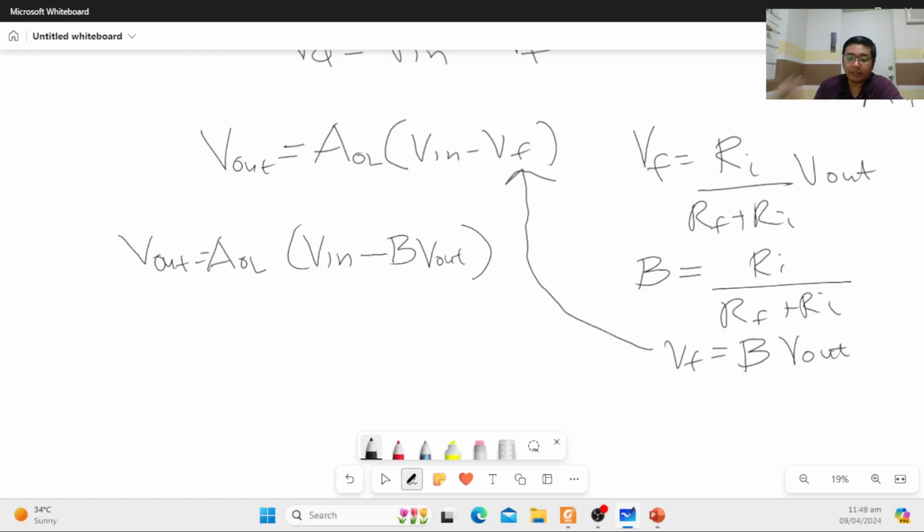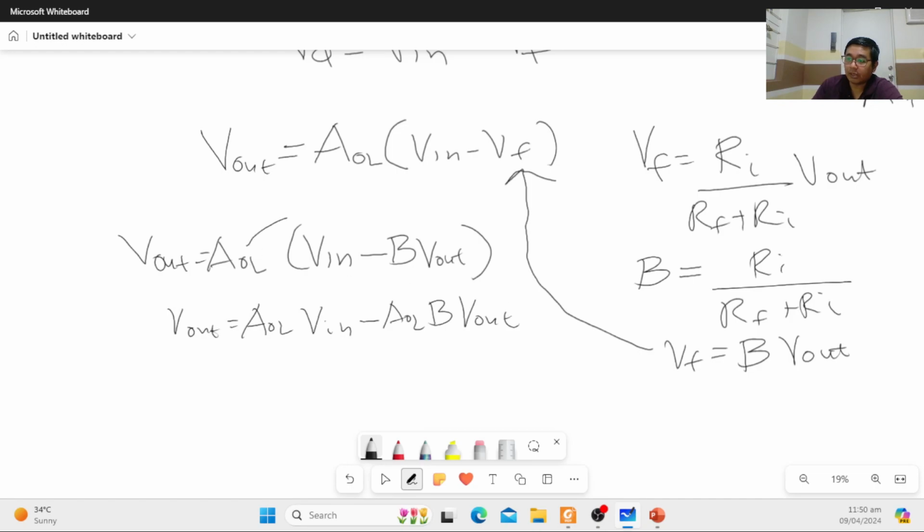So, ang concern natin dito ay makuha yung or ma-separate yung V out tsaka yung Vin para makuha natin yung V out over Vin natin. Alright? So, we have V out is equal to open loop voltage gain times Vin minus open loop voltage gain times the attenuation times V out.